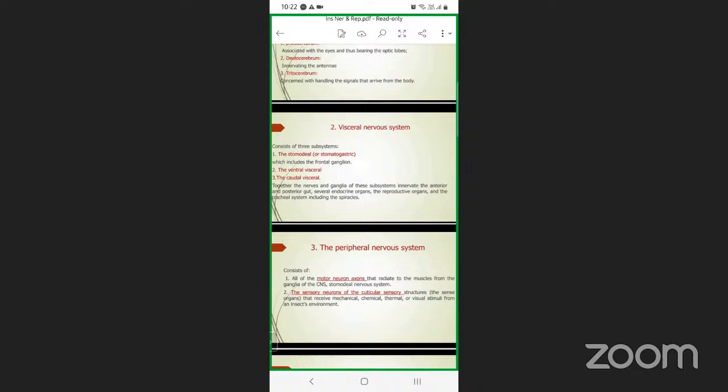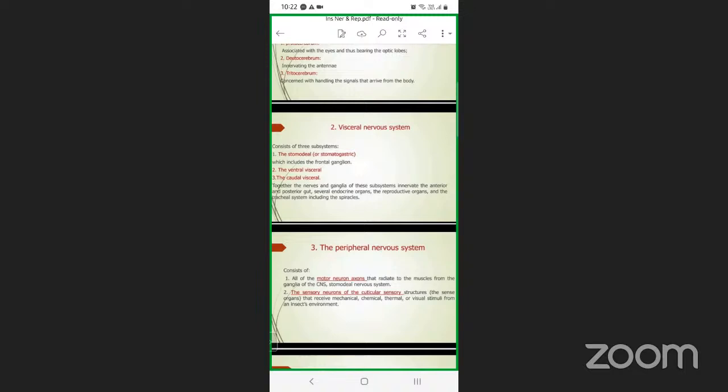And the nerves are the bundles of axons invested in the neural lamella. And what are the inhibitory and excitatory transmitters? We'll find cholinergic and glutaminergic.